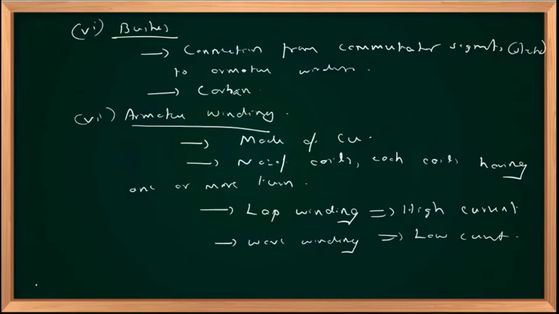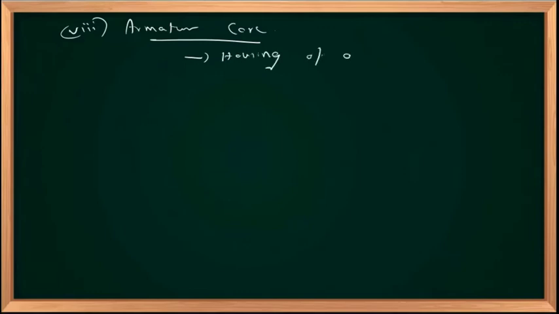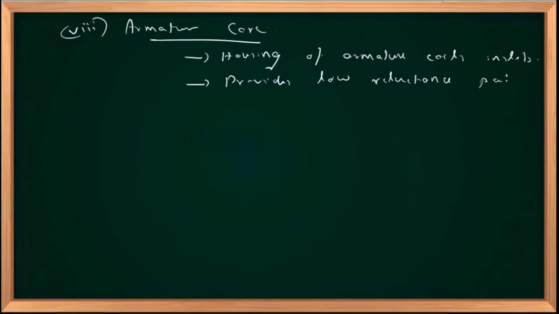This armature winding will be wound over the armature core. It is the housing of armature coils in slots. It also provides a low reluctance path for the magnetic fluxes.